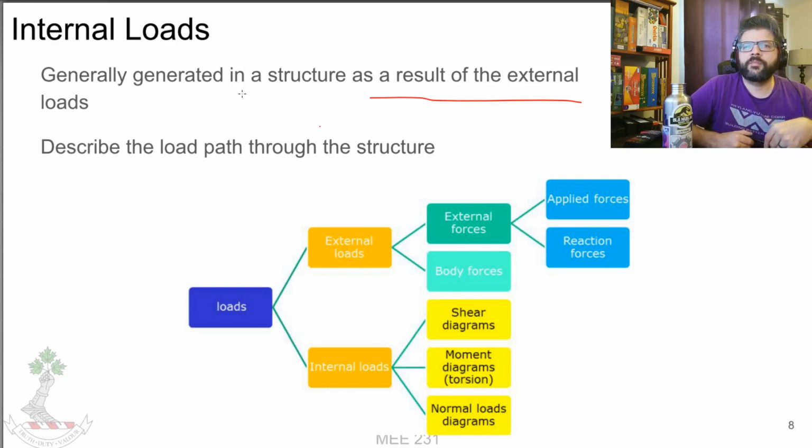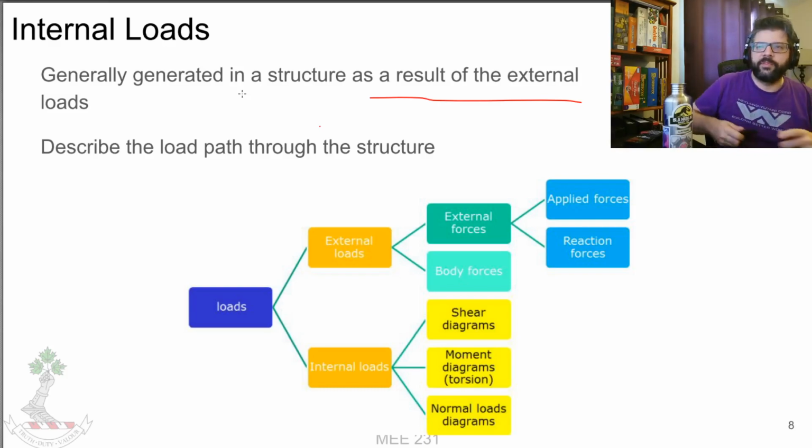So the internal loads are generally the result of the external loads, and they allow you to figure out kind of how the different external loads that are applied make their way through the structure.